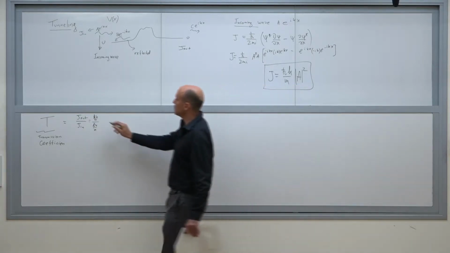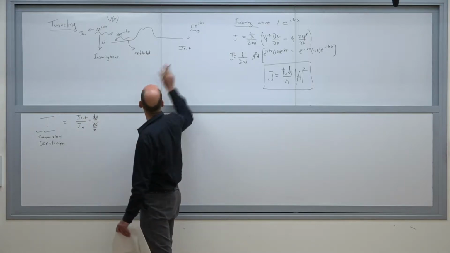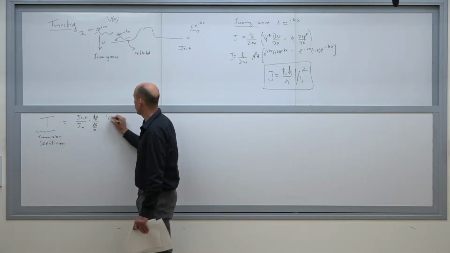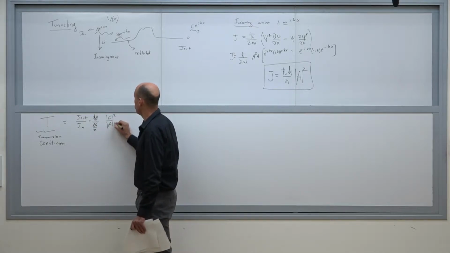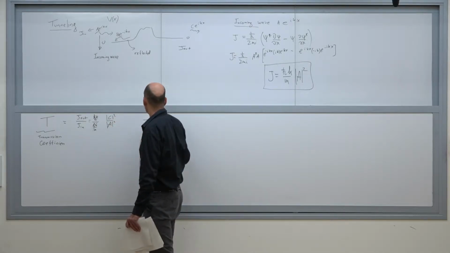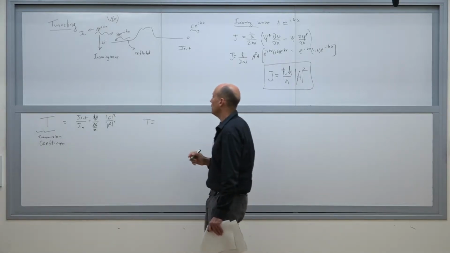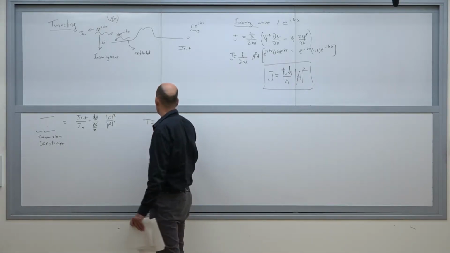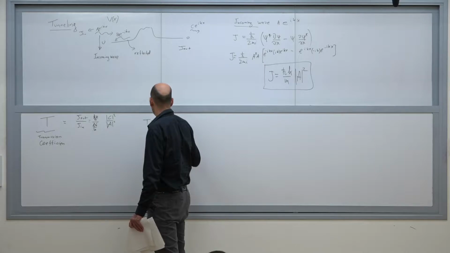So these two guys will cancel, of course, and J out is equal to C squared, and J in is equal to A squared. So the transmission probability, this guy is called the transmission coefficient, is equal to C squared over A squared.